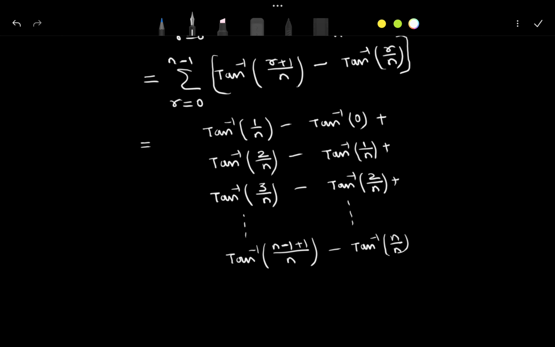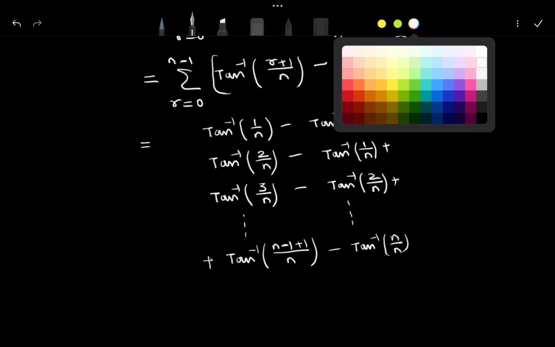So this is the last term. I hope everybody is clear how to write the different terms: substituting r equals 0 gives the first term, r equals 1 the second term, and r equals n minus 1 the last term.